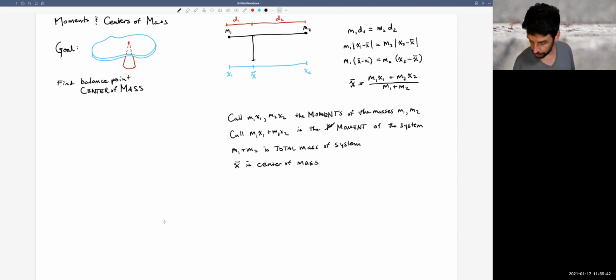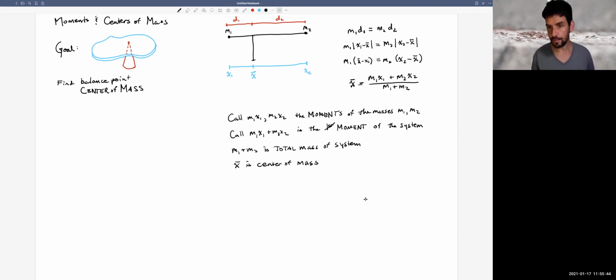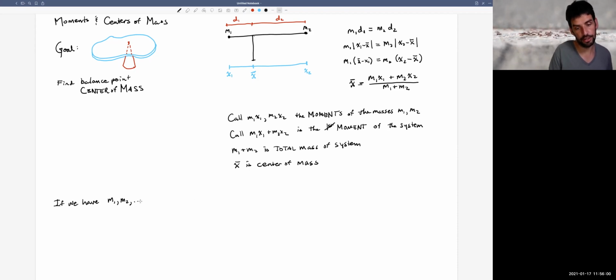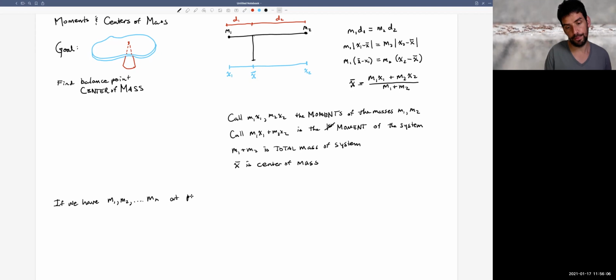Let's push it one bit further. Let's say we have more than two masses. If we have n masses, so m1, m2, on up to m sub n at positions x1, x2, on up to x sub n.